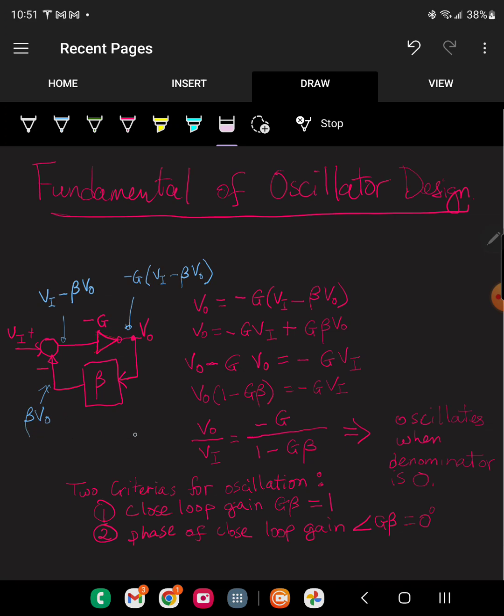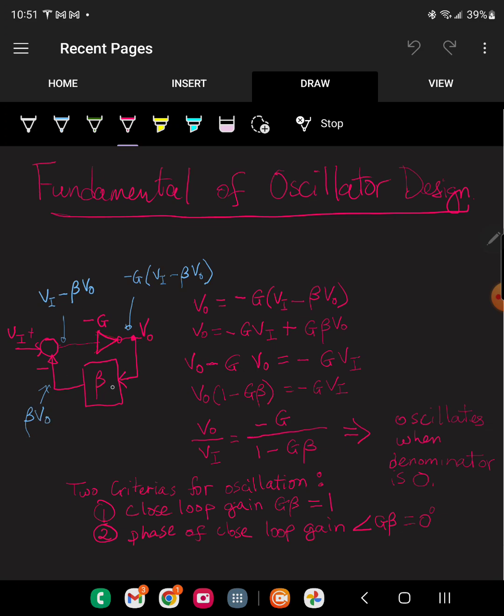So to understand the fundamentals of an oscillator, we have to derive the transfer function of this feedback loop amplifier. At this point, it is Vi minus beta times V out, right?